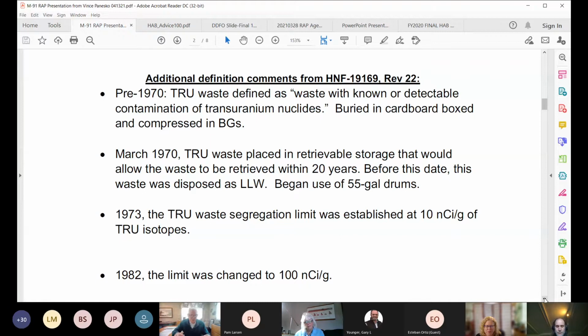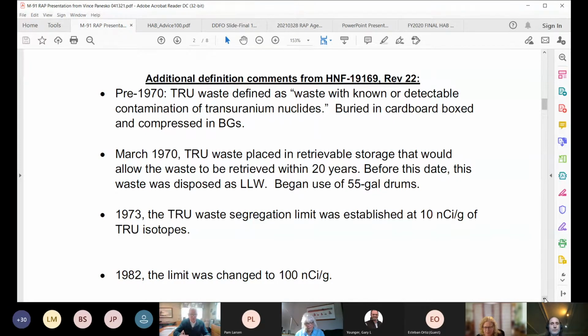Okay, and this is something I discovered here: in 1973 the limit was set. You have to remember, we didn't have equipment to measure what's inside the 55-gallon drums. We didn't have any idea what was in there.